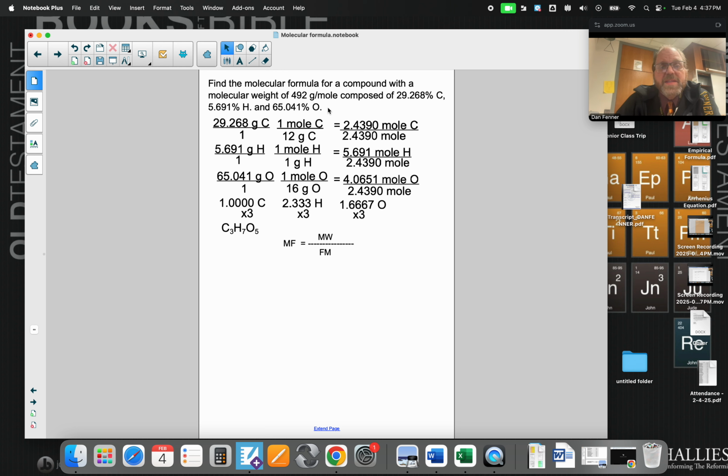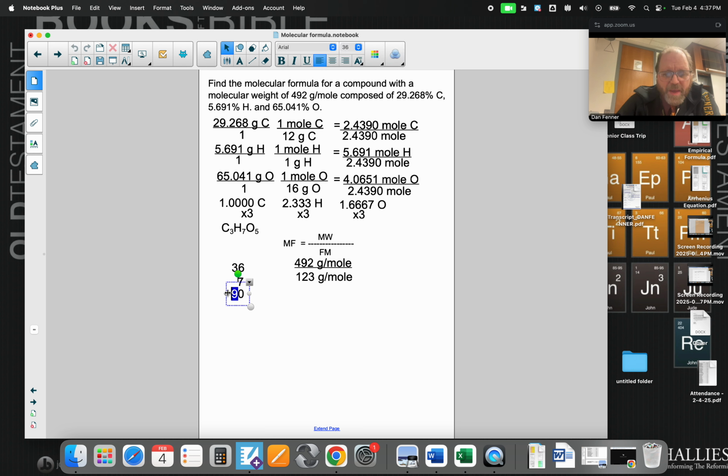So molecular weight, it says in here, is 492. All right, so let's do it. Carbon. Carbon is 12 times 3, 36. Hydrogen, 7 times 1 is 7. And then 16 times 5 is 80. 80, not 90.